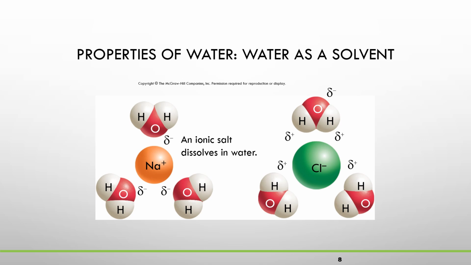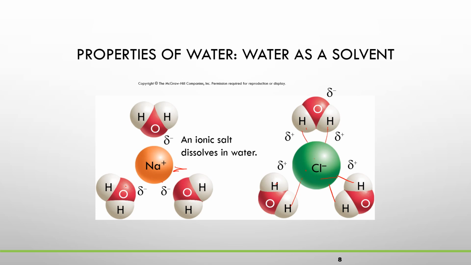And again, here's the sodium dissolving in the water. You have the sodium ion being surrounded by the oxygen part of water molecules, and the chloride, which is negative, being attracted to the hydrogen parts of water molecules. So things that don't have a charge don't dissolve in water.